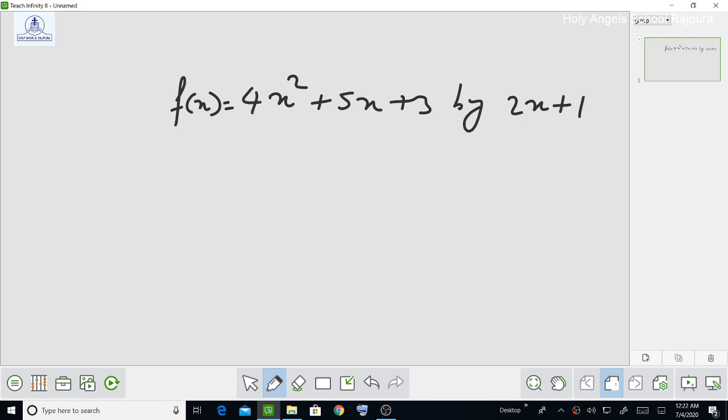So, what we have learned is 2x plus 1 is equal to 0, 2x is equal to minus 1, x is equal to minus 1 by 2.